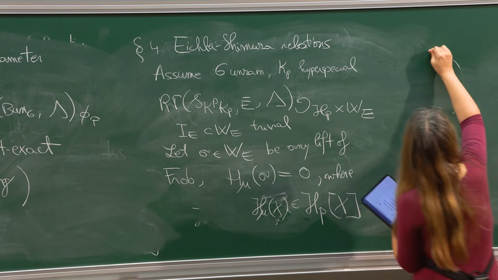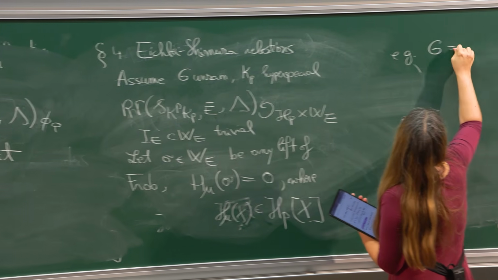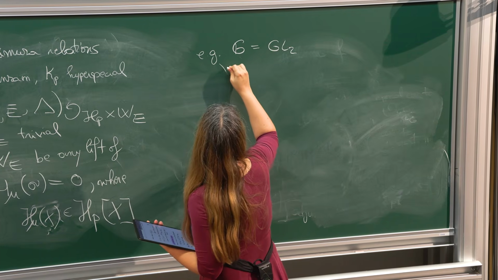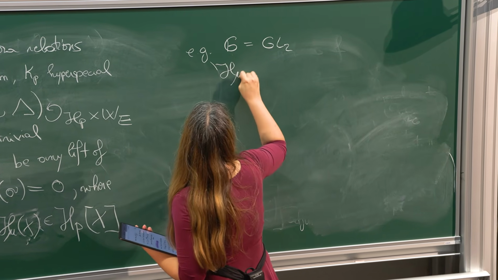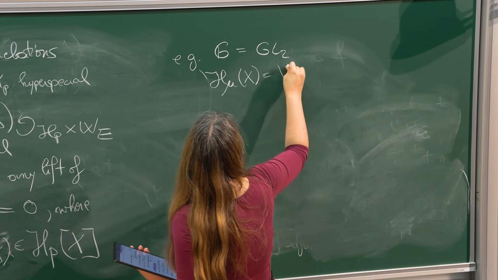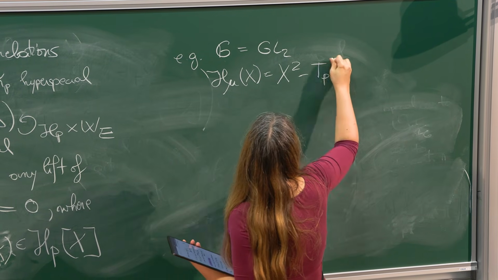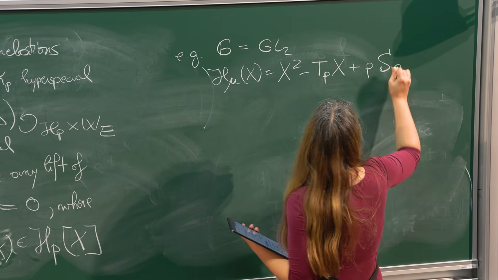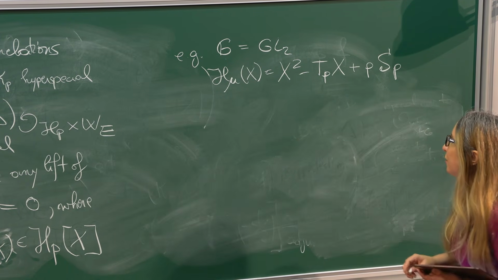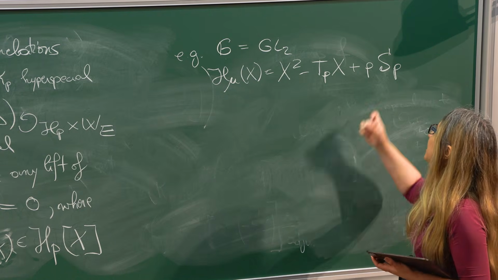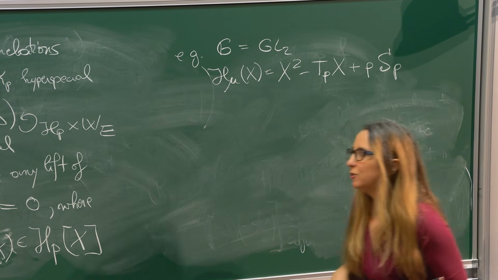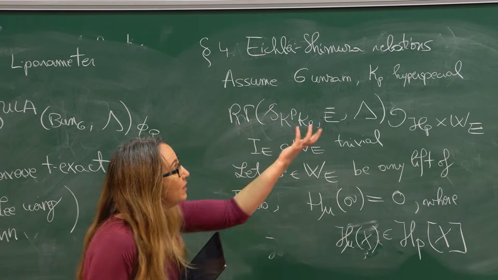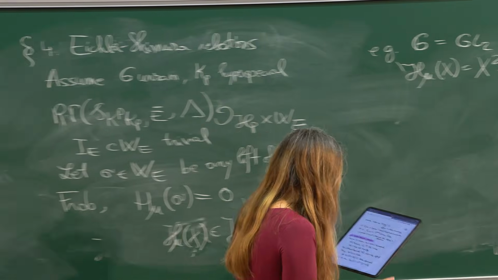For example, in the case when the global group is GL2, you have that h_mu of x is just x squared minus T_p x plus p S_p, where T_p is the double coset operator for diag(p,1) and S_p is the double coset operator for diag(p,p), right? And the arithmetic Frobenius on cohomology famously satisfies this polynomial.